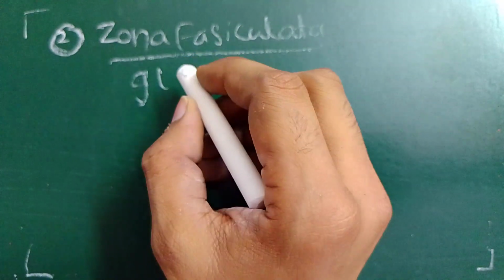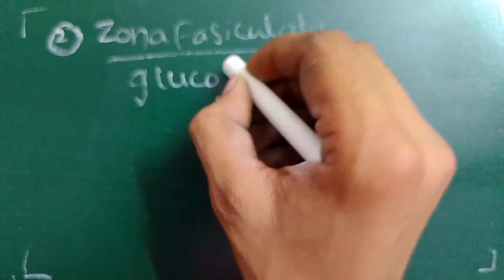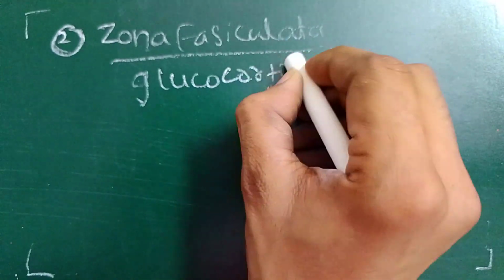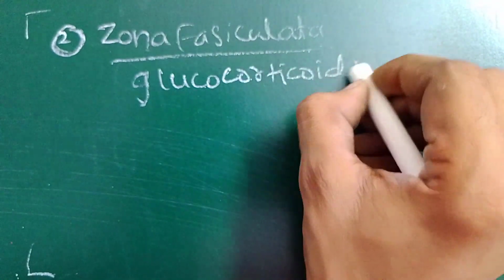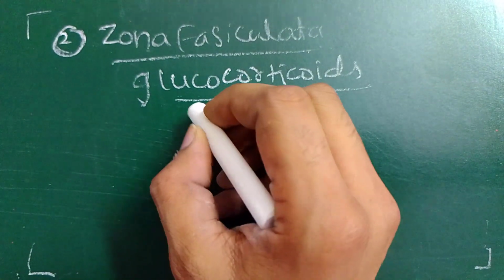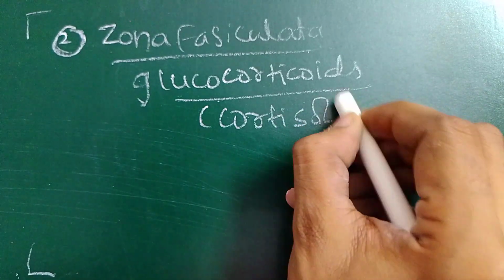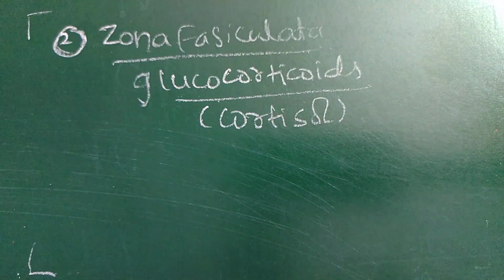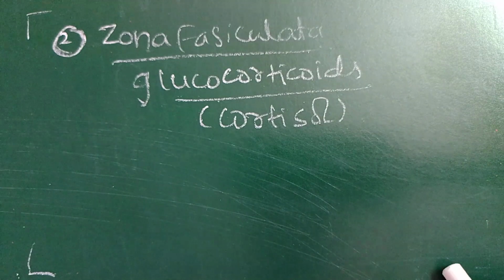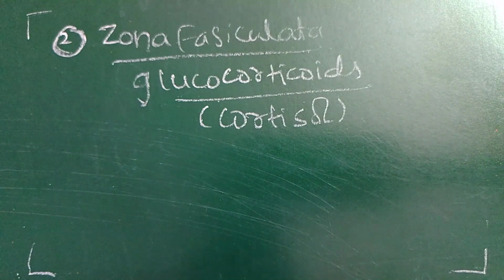Zona fasciculata secretes glucocorticoid, and the example of it is cortisol.